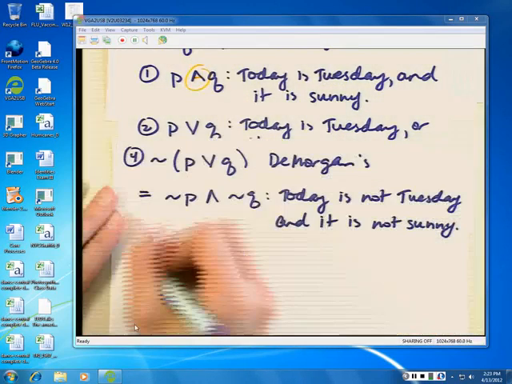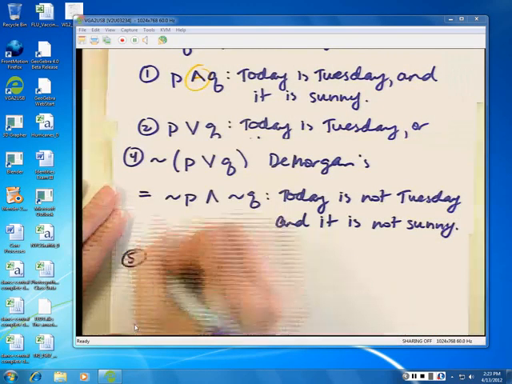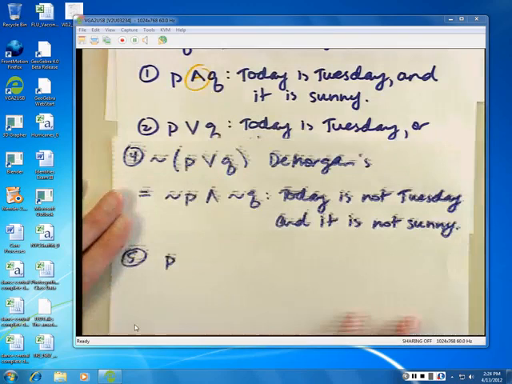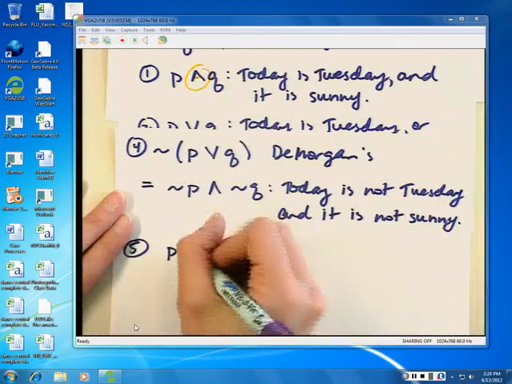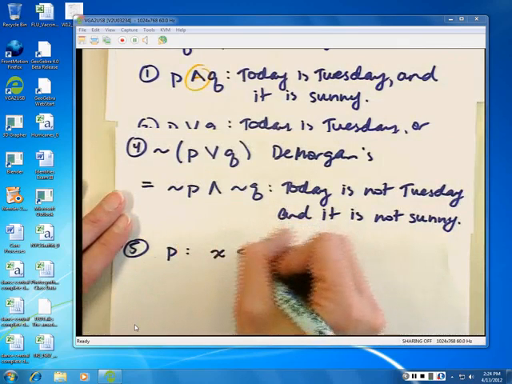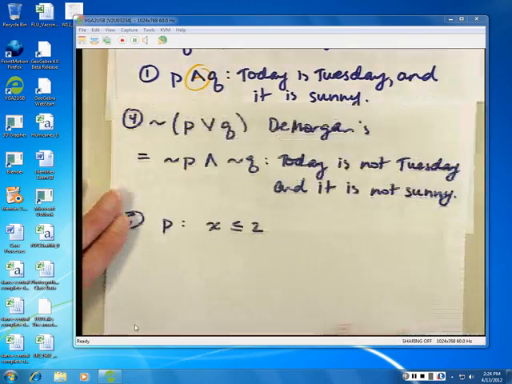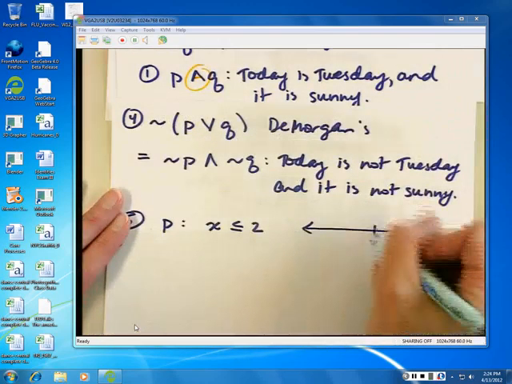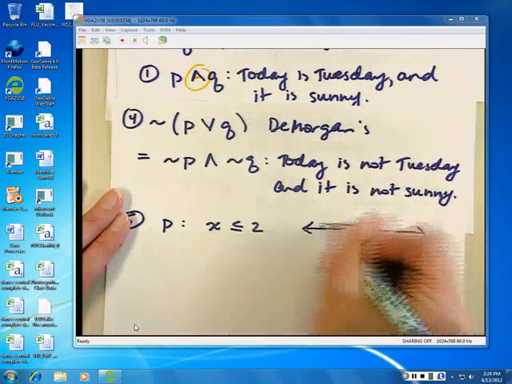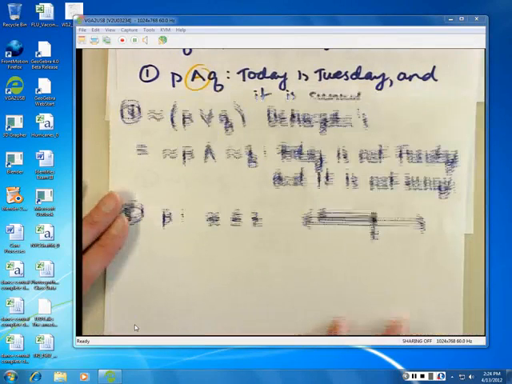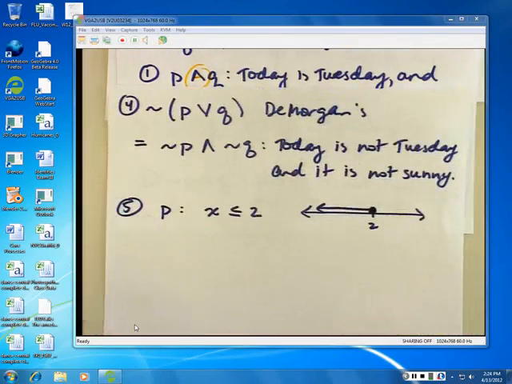So there's a lot more examples there. Let's, you know what, let's do one more, number 5. And I'm just going to do a negation here because I know they show up in your homework. Let's say that P is actually a mathematical statement. X is less than or equal to 2. If I look at my number line here, here's the number 2. Less than or equal to 2 are all of these, or 2. So if I want to negate that, I don't want these guys.